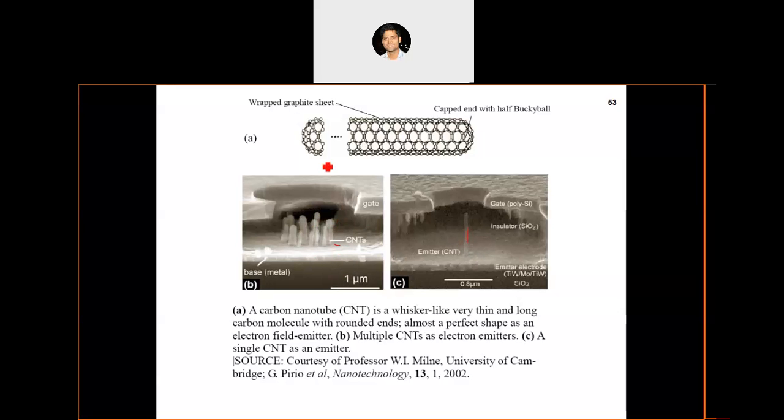You might be thinking that because the radius of curvature is not that small in comparison to this sort of tip, the electric field should be larger here. But experimentally it has been found that, in the case of single walled carbon nanotubes, the electric field is actually higher in comparison to this kind of very sharp tip.